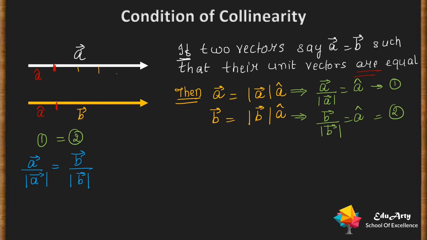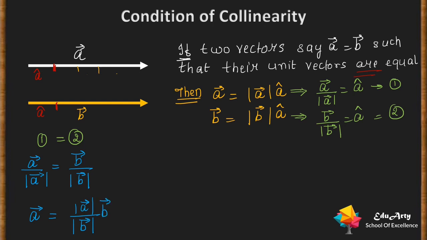That means I can represent my A vector as magnitude of A vector divided by magnitude of B vector into B vector.